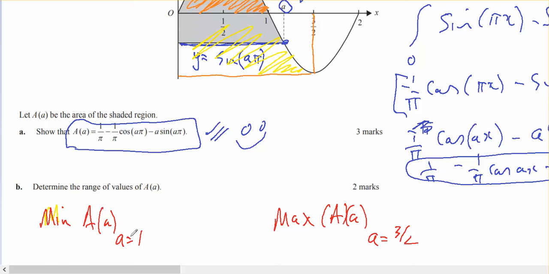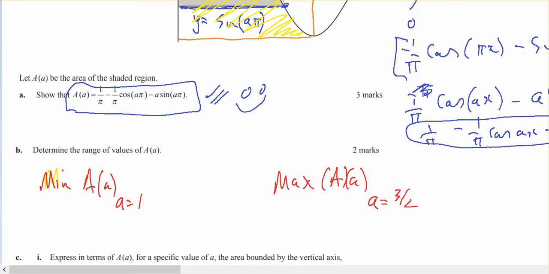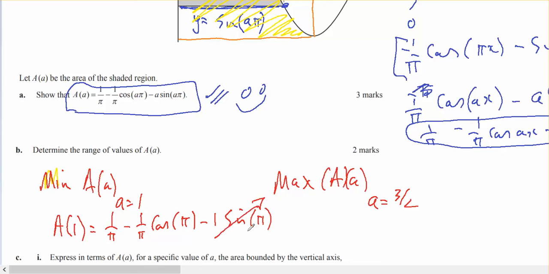And when a equals 1, the minimum value is going to be 1 on pi minus 1 on pi cos of pi minus 1 times the sine of pi. Sine of pi is 0, cos of pi is negative 1, so it's going to be 2 on pi.